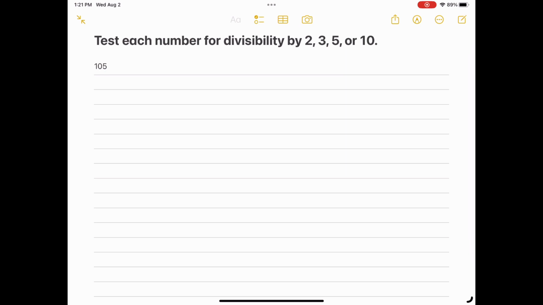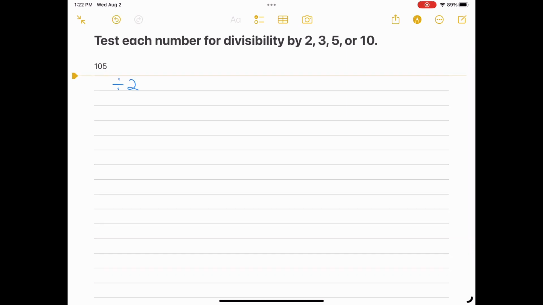Test each number for divisibility by 2, 3, 5, or 10. We look at the number 105. Is it divisible by 2? Well, since it is an odd number, it is not divisible by 2. Those three dots in a triangle shape mean therefore.